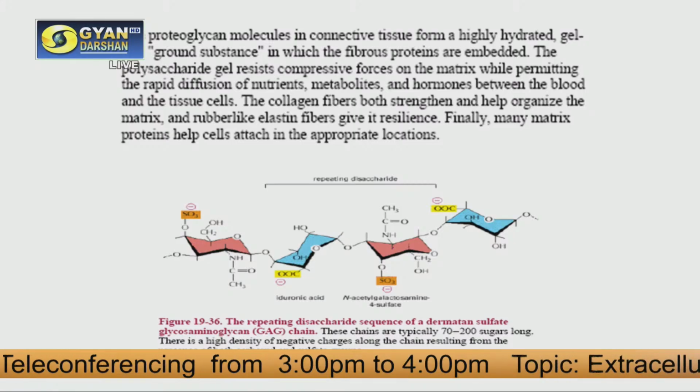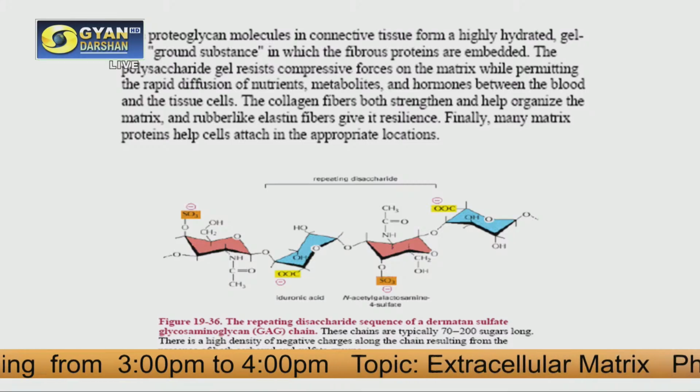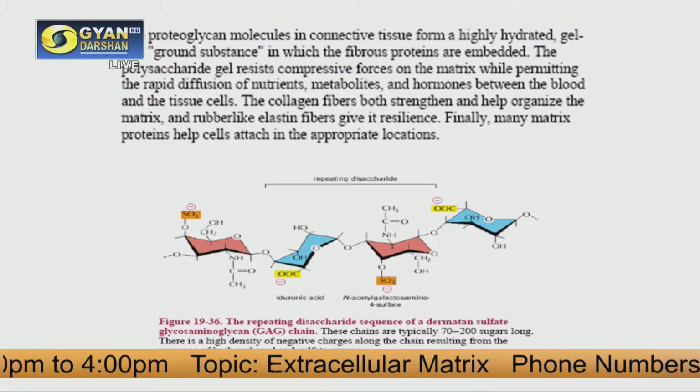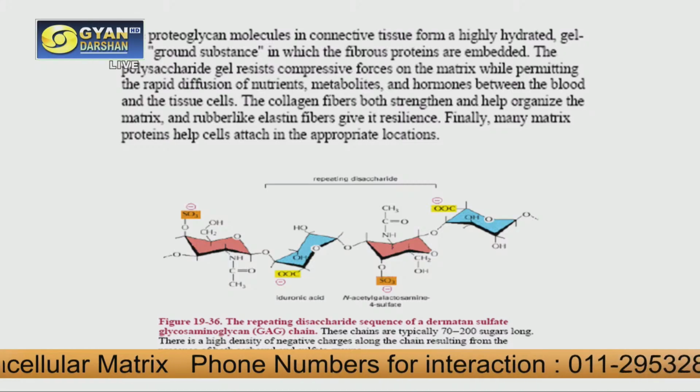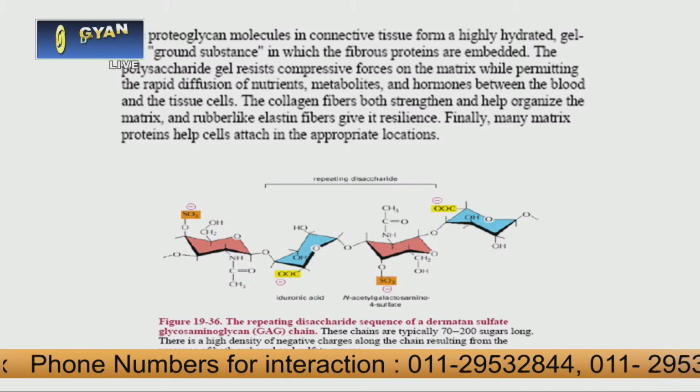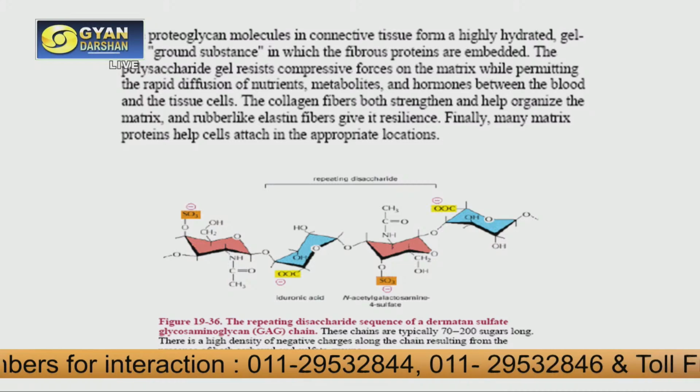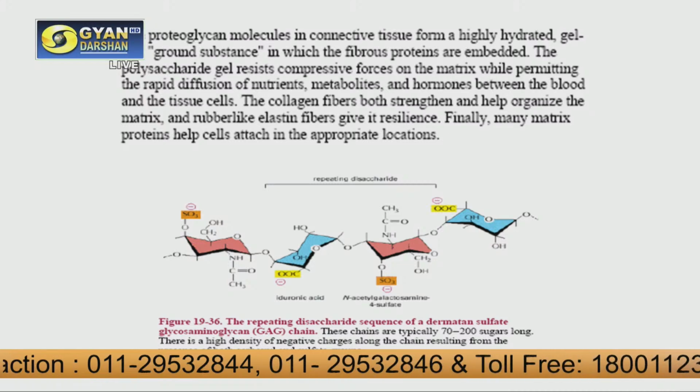So what is proteoglycan basically? Proteoglycan forms a highly hydrated gel-like ground substance in which the fibrous proteins are embedded. So within the proteoglycan, the fibrous proteins like collagen and elastin are all embedded.